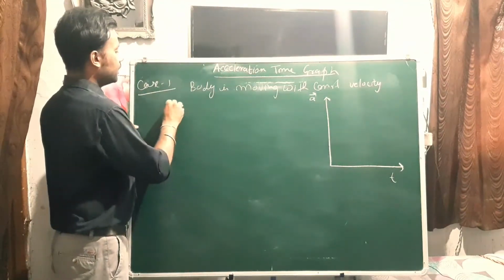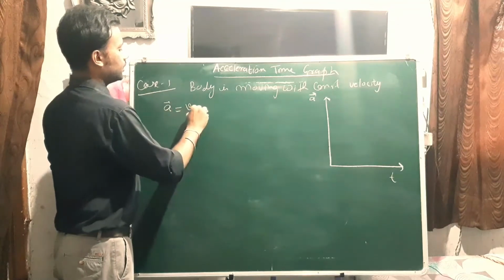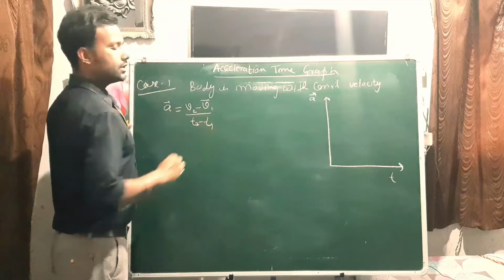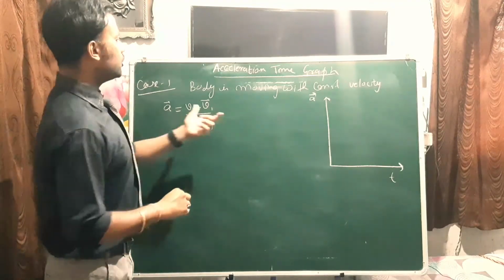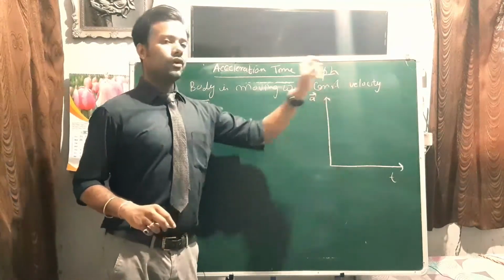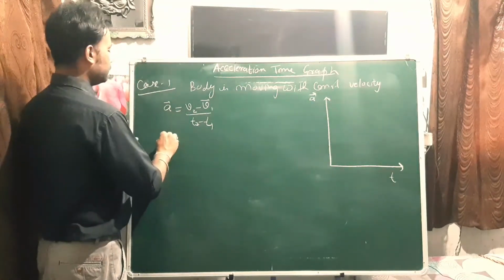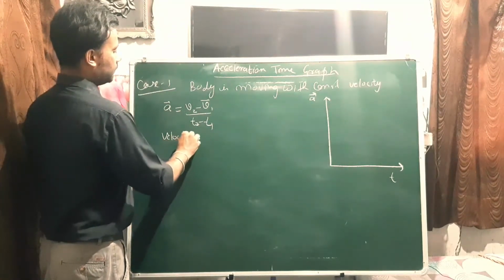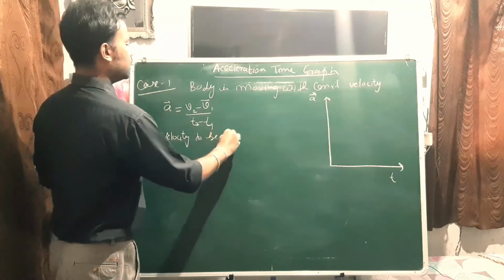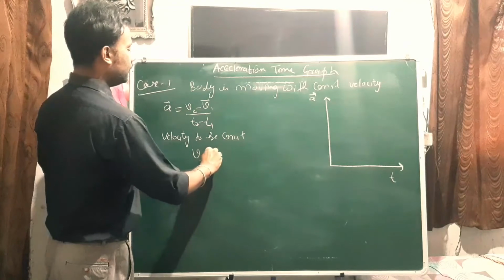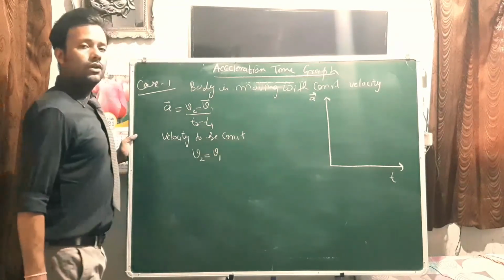You know that A is v2 minus v1 upon t2 minus t1. The condition is that velocity is constant. Now for velocity to be constant, the value of v2 must be equal to v1.